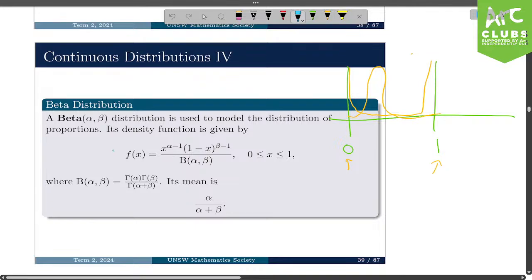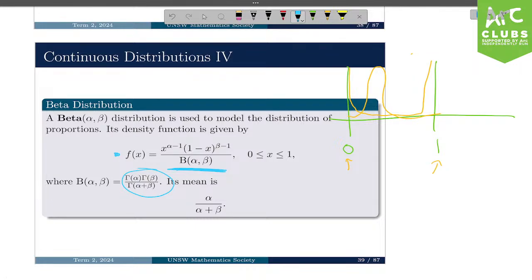This is its density function, and this bottom beta term is called the beta function, and it's written in terms of this ugly expression of ratios of gamma functions.